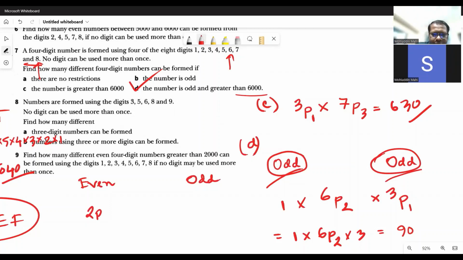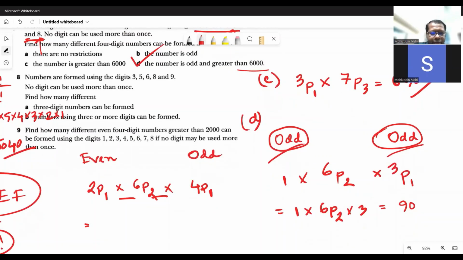We can do it in 2p1 ways. And how many odd numbers are there? 4 odd numbers. So we can put a single odd number in 4p1 ways. And how many positions are left? 2 positions left. We can fill those from 6 digits, so it's going to be 6p2. So the result from here will be 2 into 6p2 into 4.